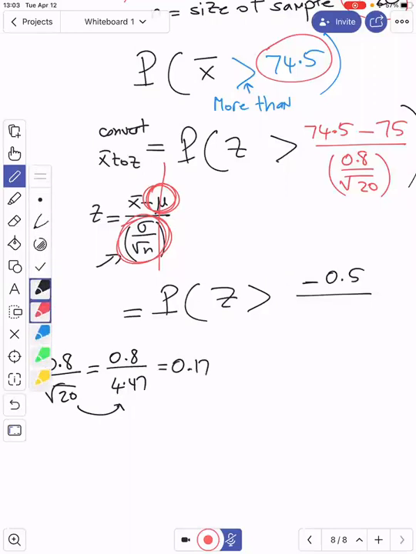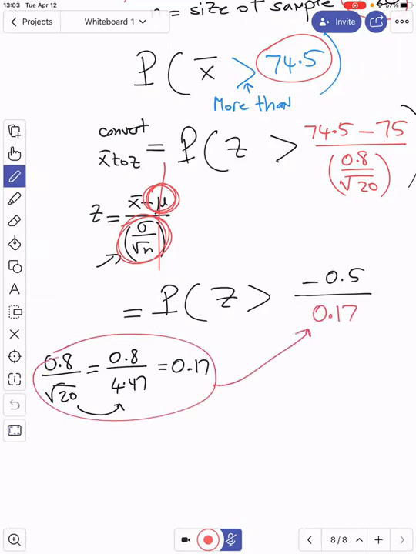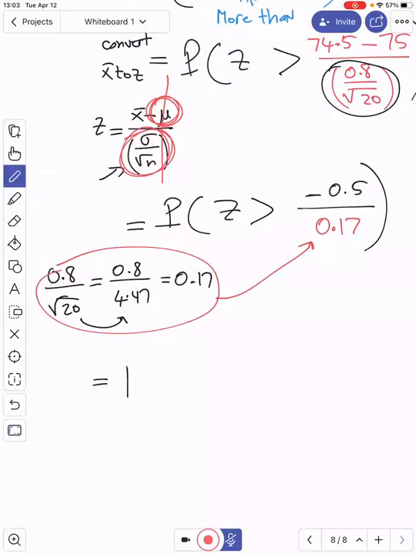So the probability that Z is larger than negative 0.5 over 0.17, which is about negative 2.94.